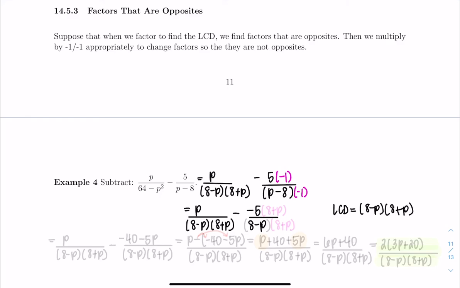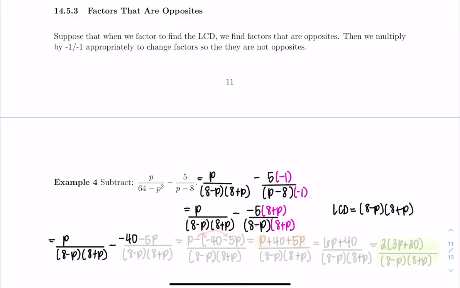And so the first fraction has the exact same denominator, so we don't have to fix it at all. But the second fraction we get to multiply by the 8 plus p that we're missing. And so we're just going to rewrite the first fraction. And then the second fraction, we're going to distribute the -5.